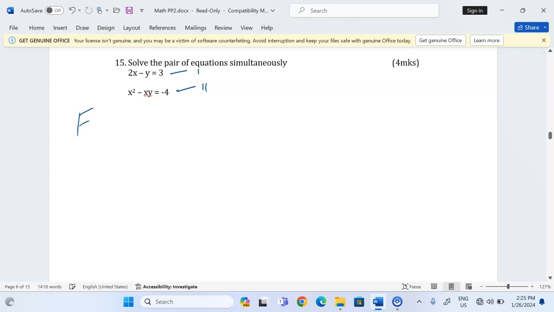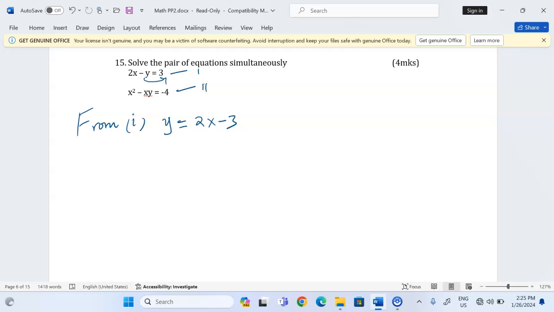Then from equation 1, we can express the value of y, in which case y can come to this side whereby it will be alone. So we shall have y equals, on the other side where there is 2x, we subtract 3.